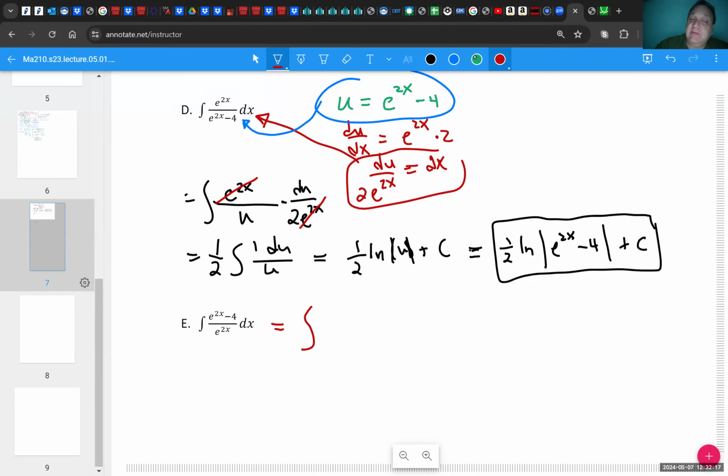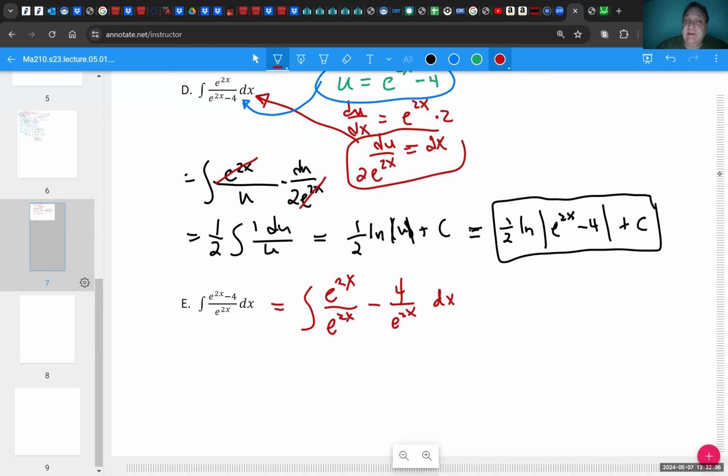This is everything divided by e to the 2x, so I can write e to the 2x divided by e to the 2x minus 4 over e to the 2x. That's one of our common types of simplification, just distributing. Because there's one item on the bottom, it's easy to divide each of the things on the top.